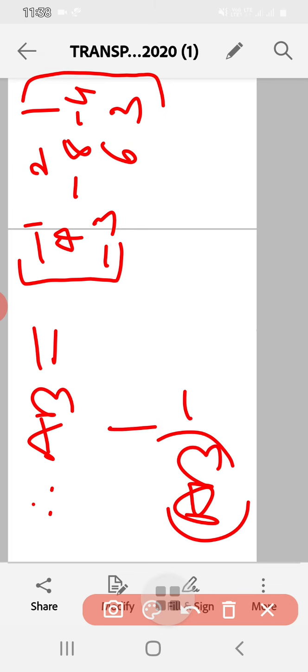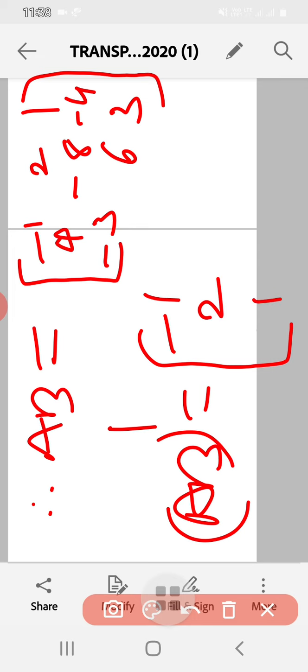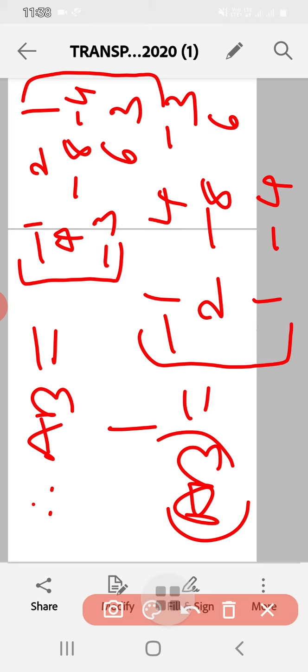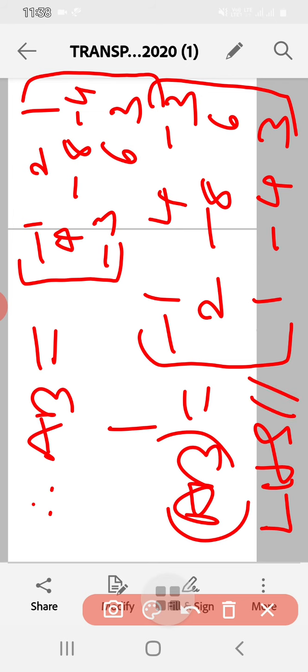So (AB)' is the transpose of this matrix: [-1, 2, 1; 4, -8, -4; -3, 6, 3] with rows and columns interchanged. Note down, this is the LHS. We have found (AB)'. Next we have to find the RHS. What is the RHS here? (AB)' is equal to B'A'.